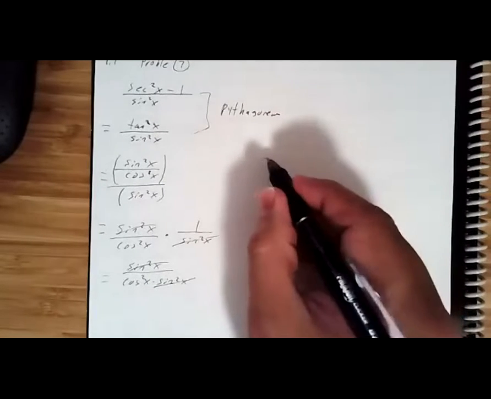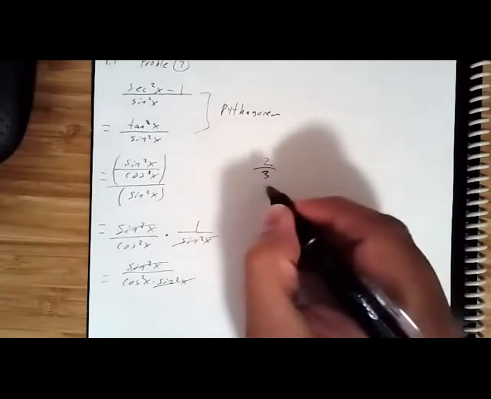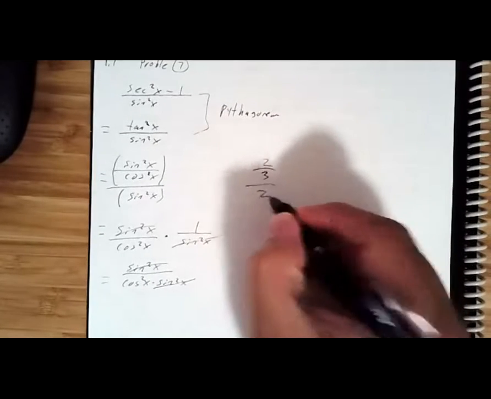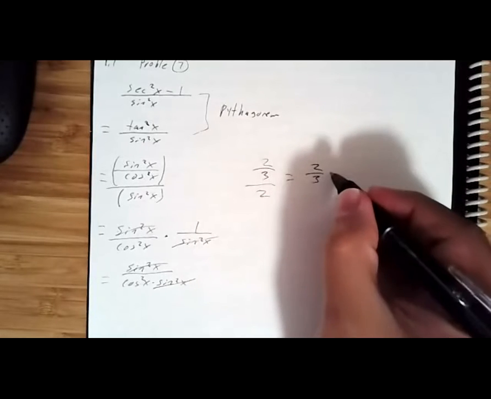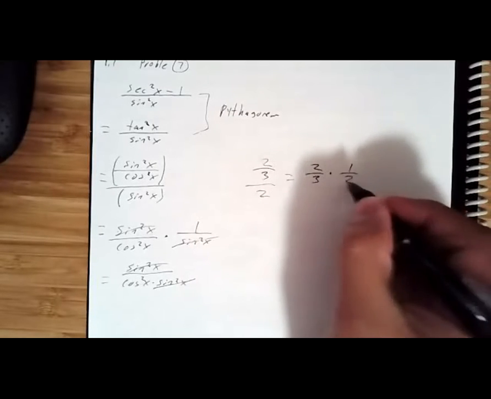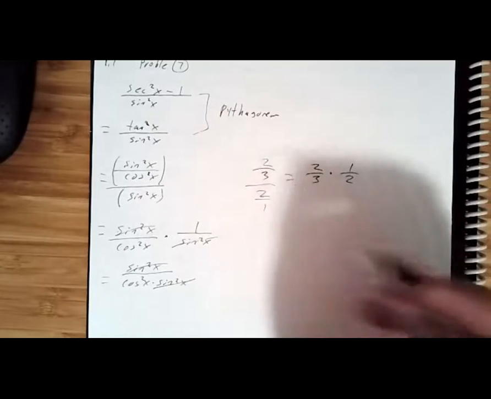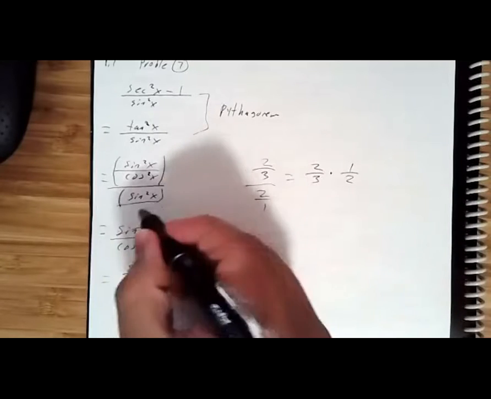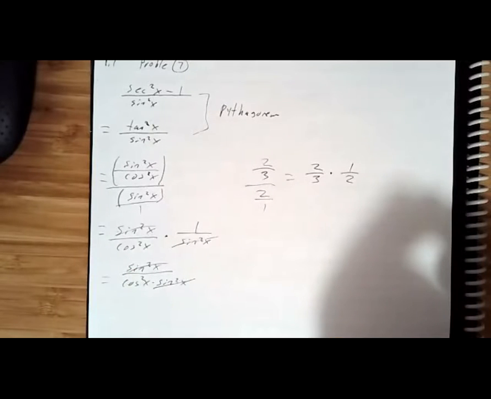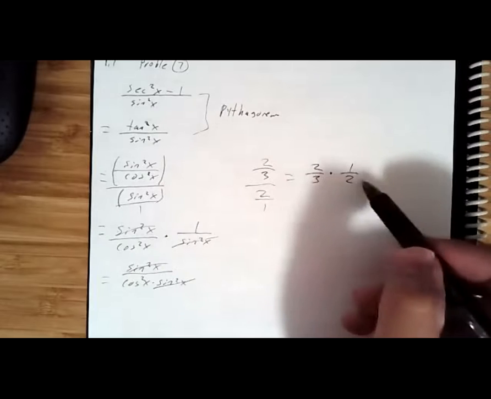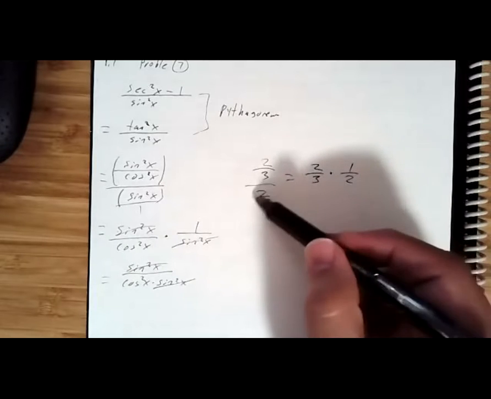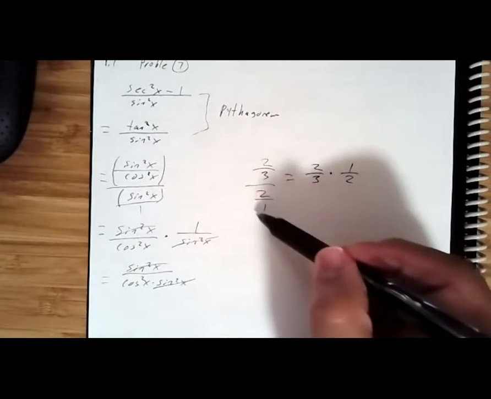Okay, so real quick. 2/3 divided by 2 is the same as 2/3 times a half, right? Because this is over 1 technically, just like this is over 1. Do you remember? So when you divide fractions, it's the same as multiplying by the reciprocal of the divisor, right?